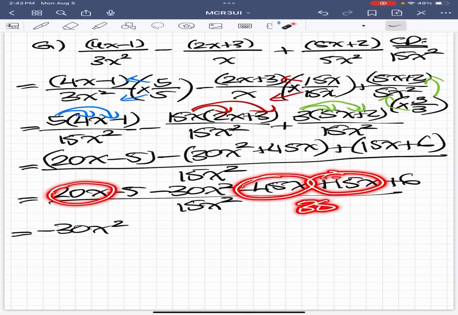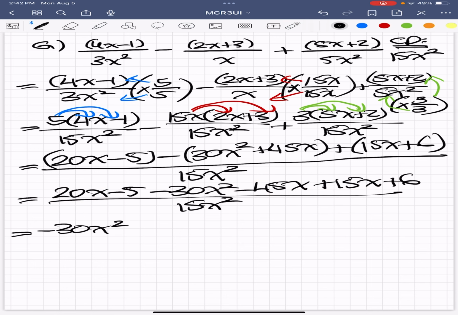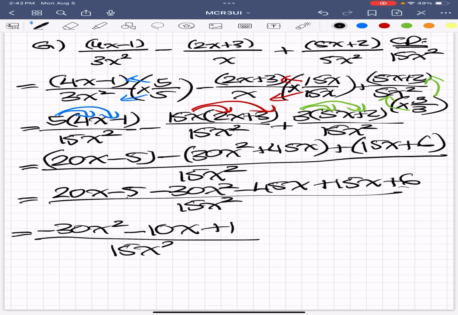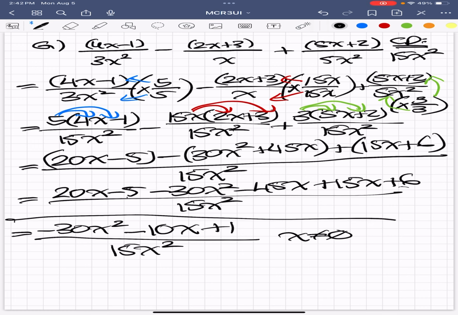So 35 minus 45 would equal -10x. And then we have plus 6 minus 5, so plus 1. And x cannot equal 0. And that's our final answer.